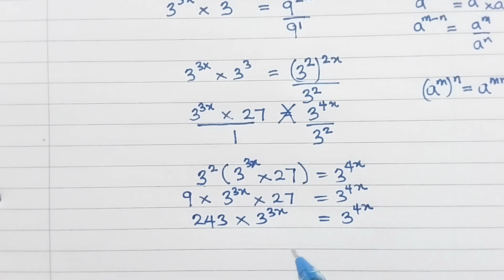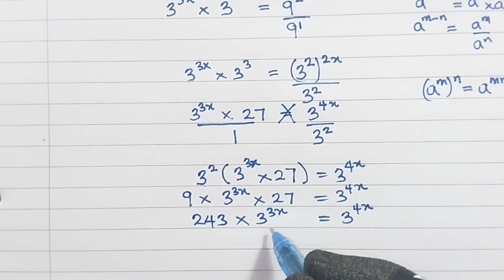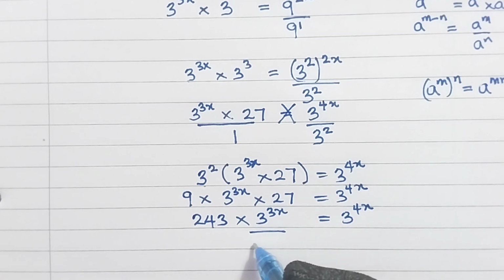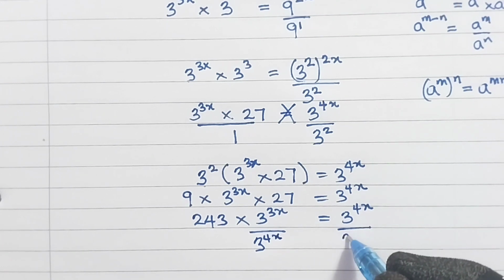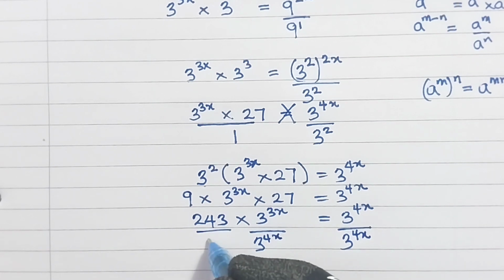And then we can now say collect like terms, put all the x's on one side, put those that don't have x on the other side. So since I'm solving for x, I would like to divide both sides by 3 raised to power 4x and also divide both sides by 243. So if I do that, let me divide this by 3 raised to power 4x. Then I'll also divide both sides by 243.